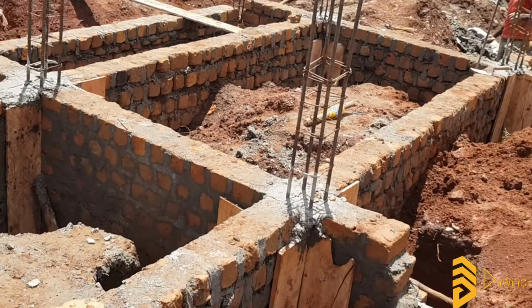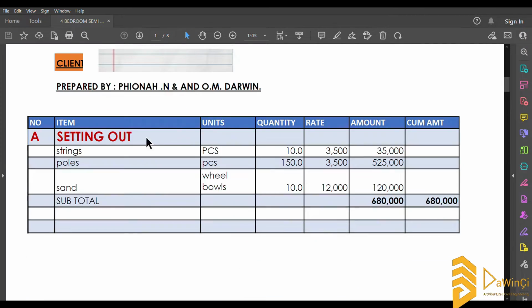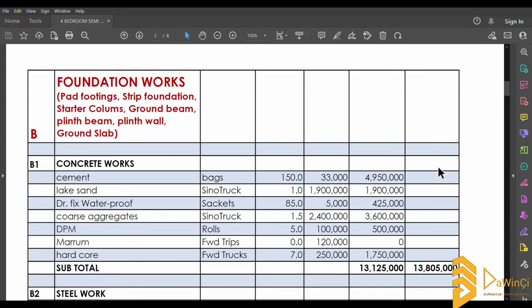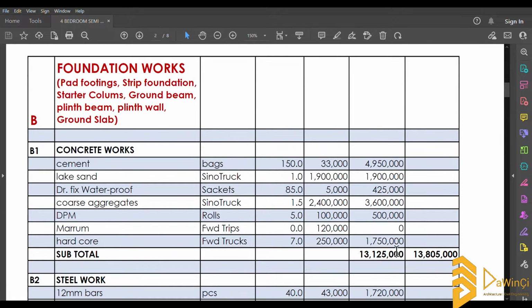In these columns, we have one column for items, another column for units, another for the quantity, another for the rate, another for amount, and then the accumulated total. The accumulated total is the total summing up all the things that we will have covered at any particular stage. For example, as you can see on the screen, if we go down and find that the concrete works for the foundation cost about 13 million, you see that the total here is 13.8 million.